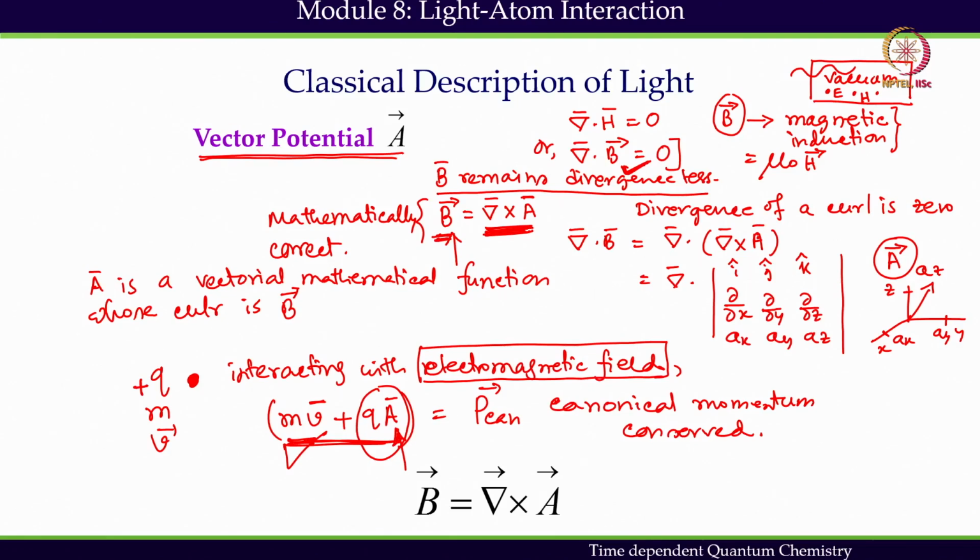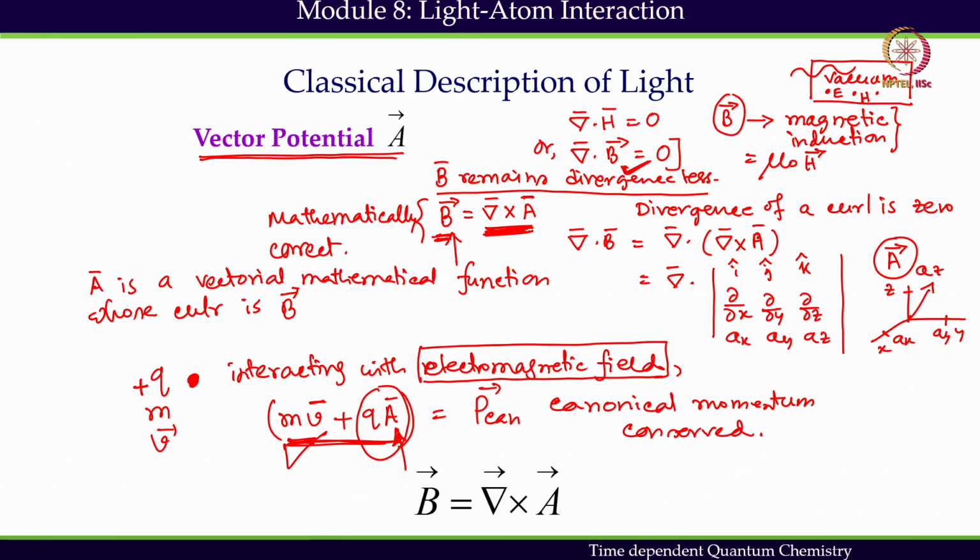And I mentioned before that when a charged particle is static, standing at a single point, not moving with a velocity, so velocity is 0, then electric field can act on it, but magnetic field cannot act on it. In order for the charged particle to experience magnetic field, it has to move, it has to have some velocity.